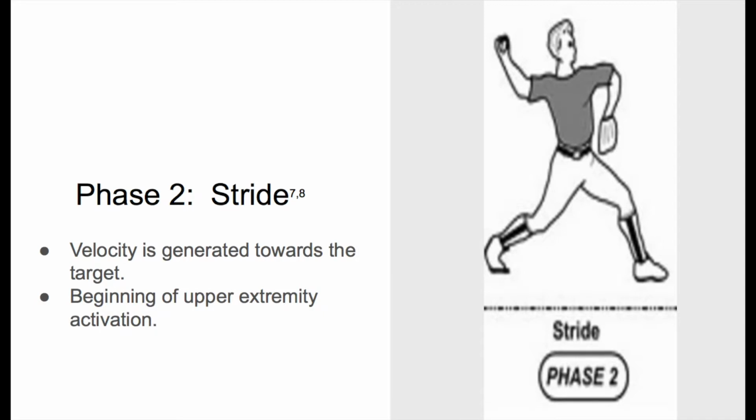Also, if the stride leg is restricted in hip external rotation, we may see the stride foot placed in an open position, causing increased valgus stress on the throwing elbow. This phase is marked by velocity being generated towards the target and the beginning of upper extremity activation.